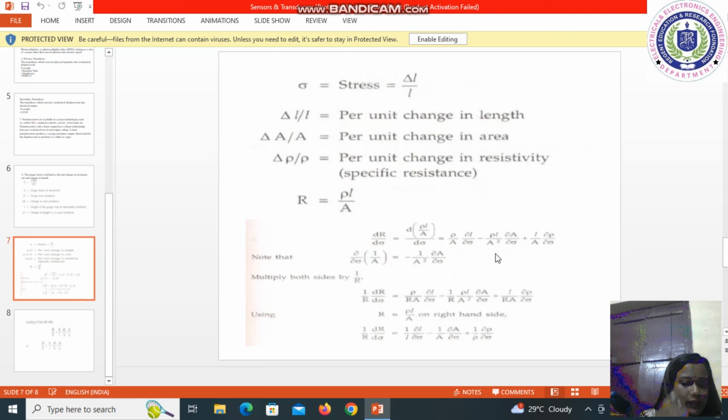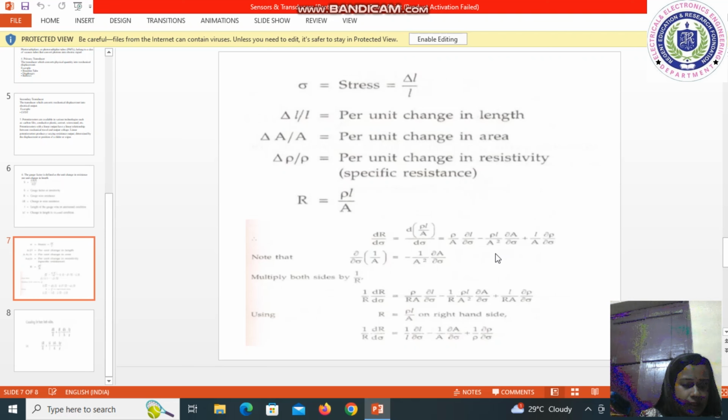Now R is equal to rho L by A, so on the right hand side, 1 by R dR by d sigma is equal to 1 by L into del L by del sigma, minus 1 by A into del A by del sigma, plus 1 by rho into del rho by del sigma.